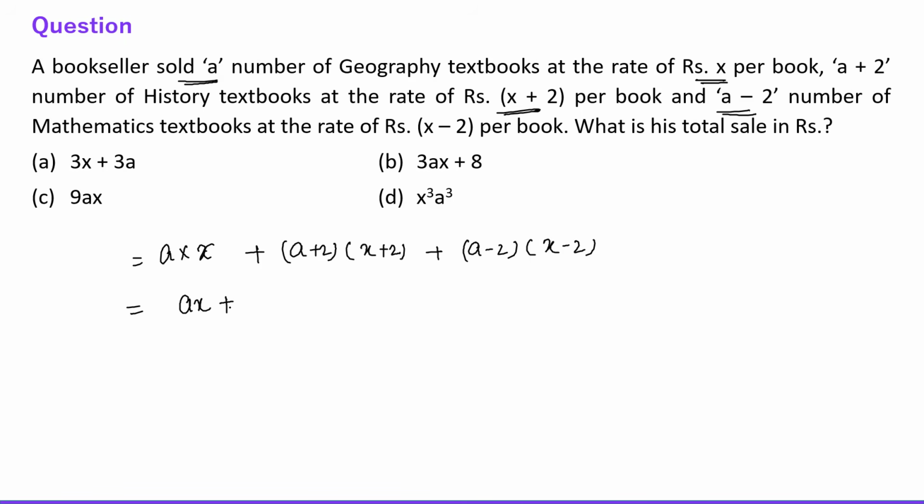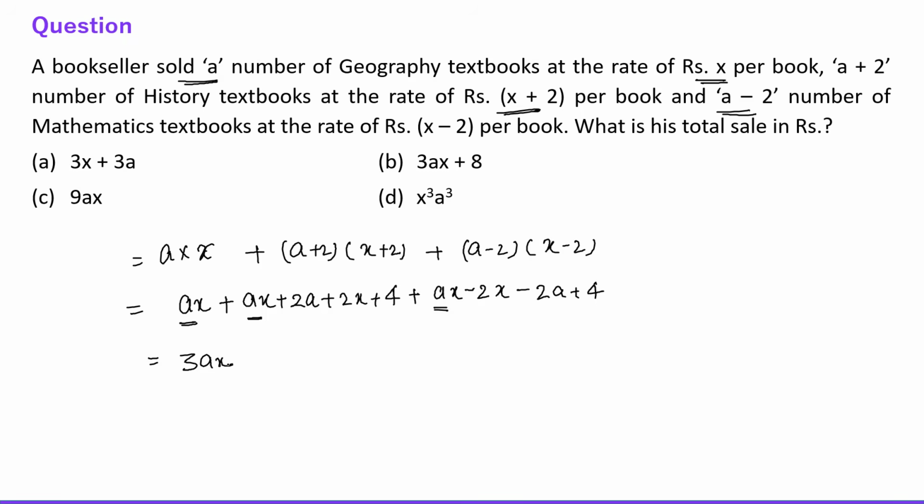So this is aX plus aX plus 2a plus 2X plus 4 plus aX minus 2X minus 2a plus 4. Fine. So just add all of them. aX, aX and aX becomes 3aX.